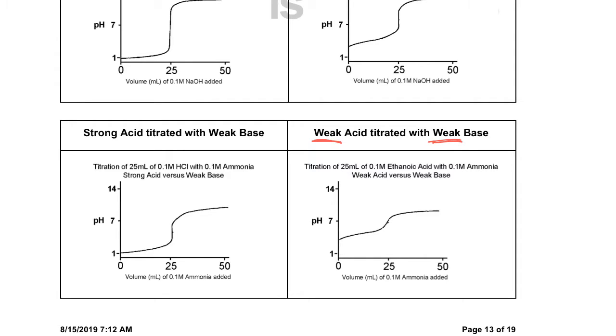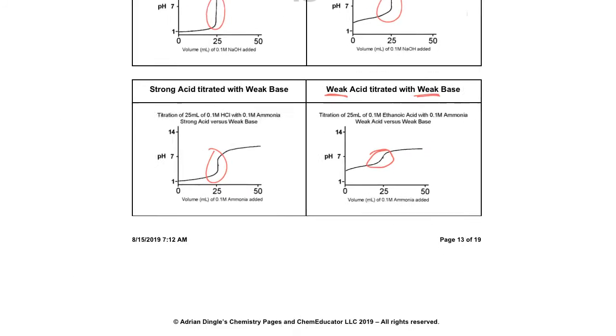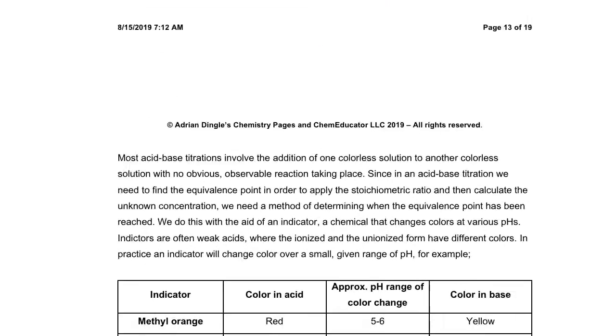Every other combination, as long as a strong substance is involved somehow, you're going to have a near vertical section. But here with the weak substances, you're not going to have that. So usually no indicator is suitable when you have only weak substances.